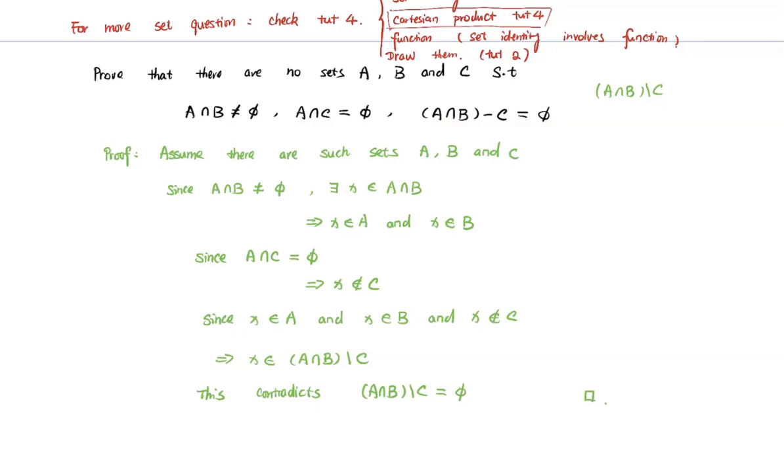And we know that A intersect B is non-empty, which means we have an element in there. I assume that element is X. So there exists X in A intersect B, which means X is in A and X is in B.